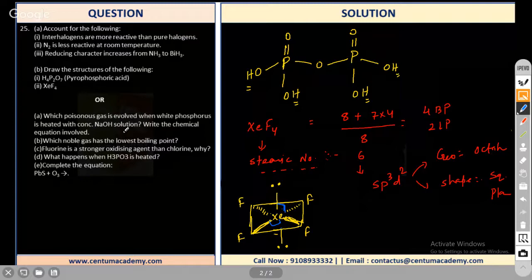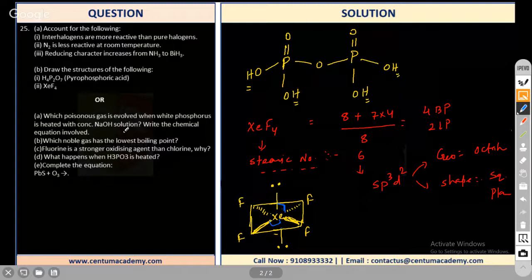Yes. So as we go down the group, the intermolecular forces increase, and hence their boiling point also increases.